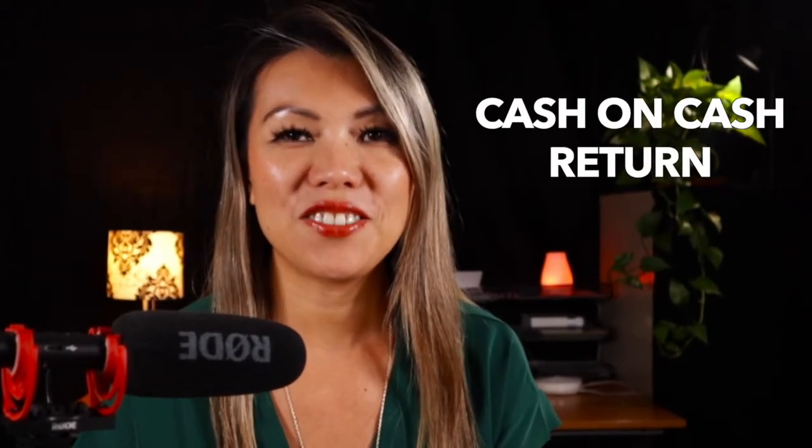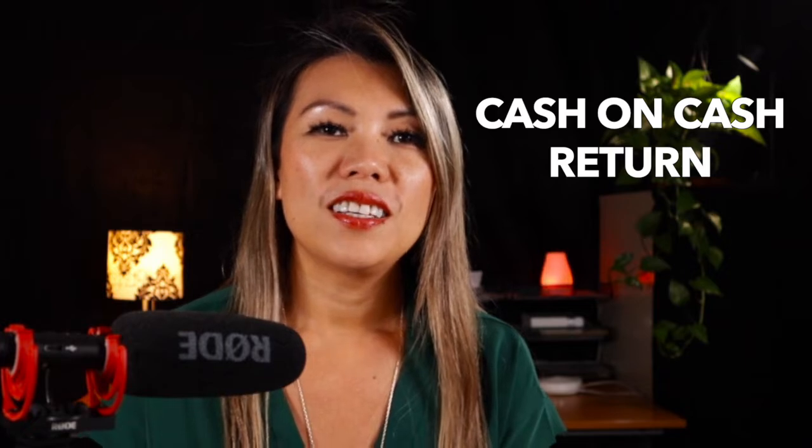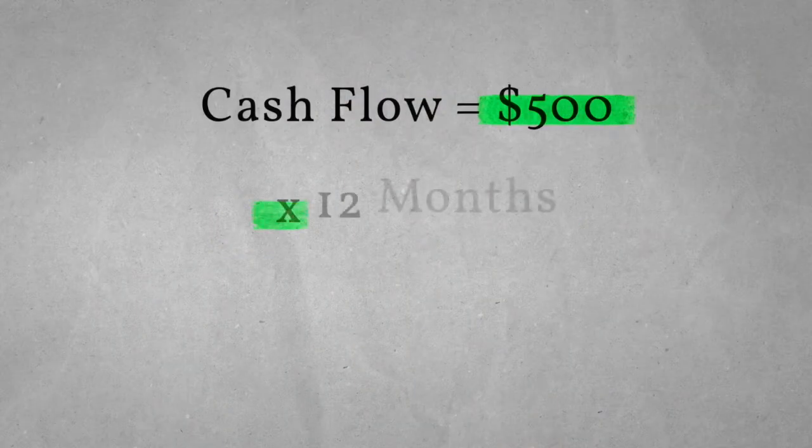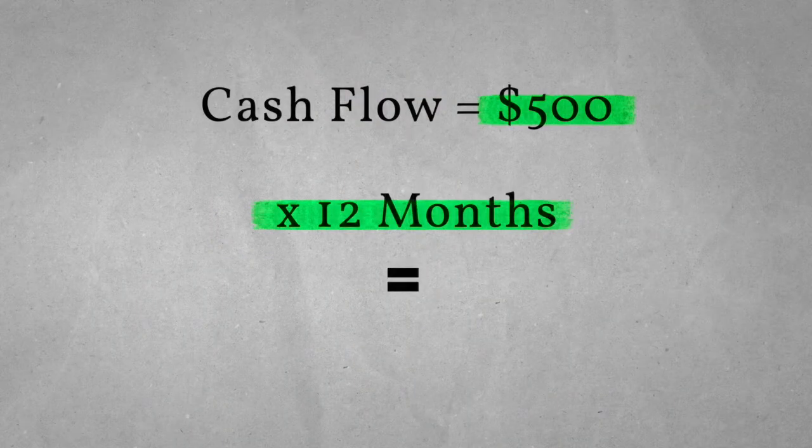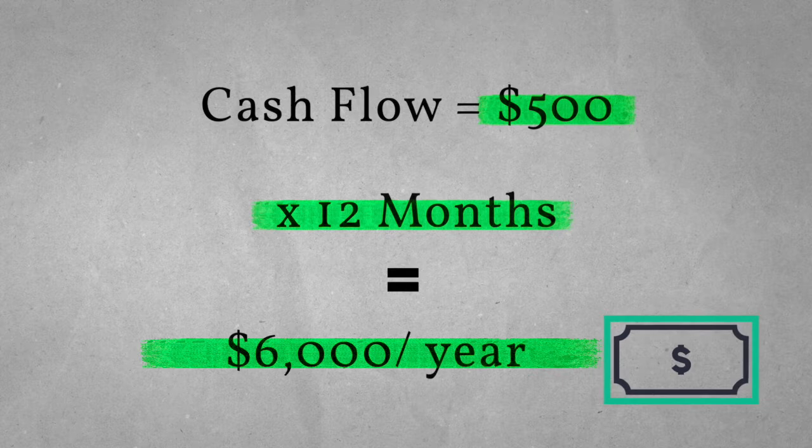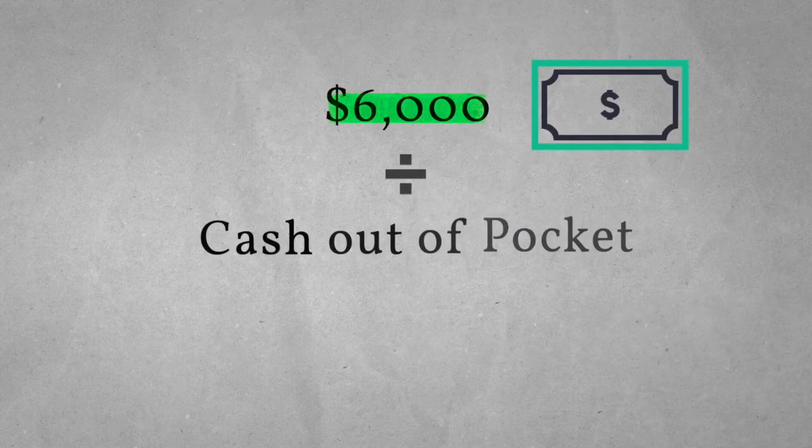Another number that we analyze is cash on cash return. This is how you calculate it. If you cash flow $500 a month, you take that times 12 months, equal to $6,000 per year. Then you take $6,000 divided by your cash out of pocket at the time of acquisition when you purchase the property.